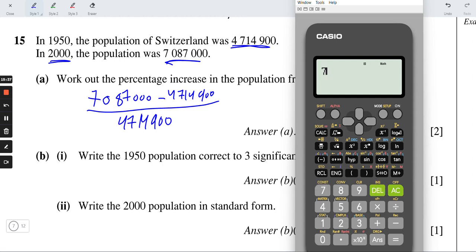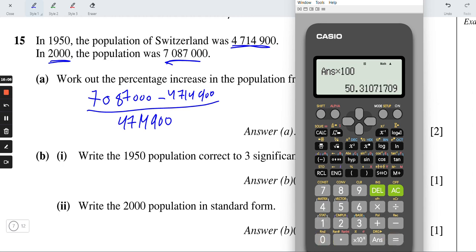So 7,087,000 minus 4,714,900 equals, then divided by 4,714,900, then multiplied by 100.